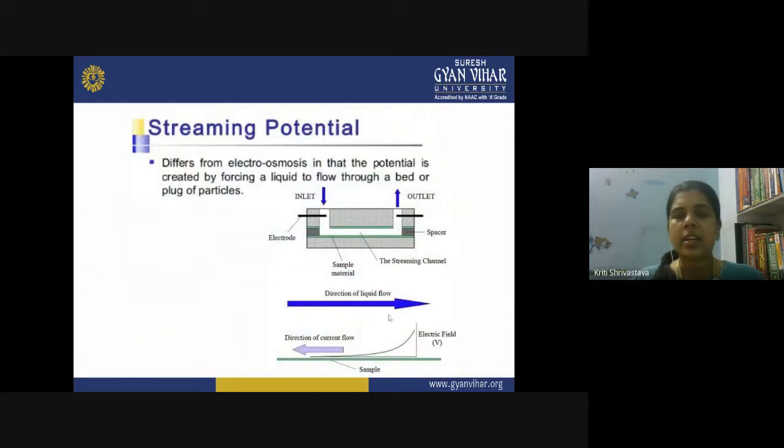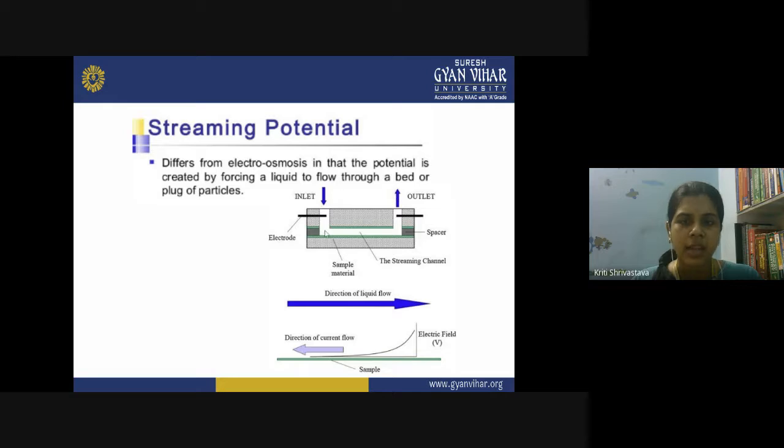Then another type of property is the streaming potential, and that is again due to the movement of the charged particles. It differs from electroosmosis in that the potential is created by forcing a liquid to flow through a bed of plugged particles. So a bed of particles is already present here, and when you allow your colloid to flow through it, this is the inlet and this is the outlet.